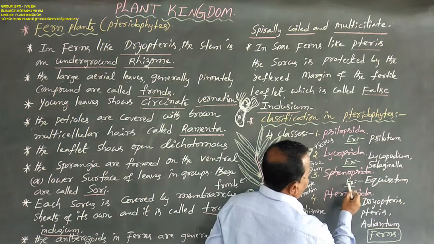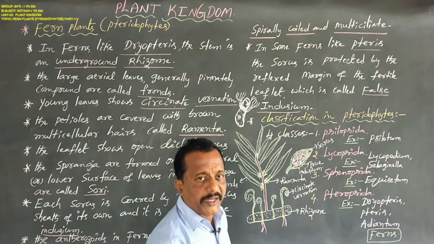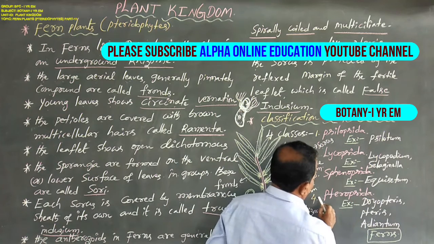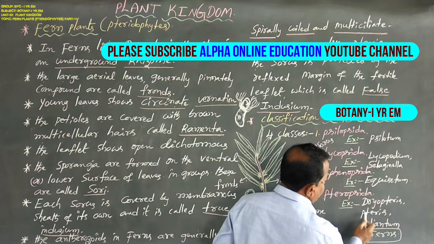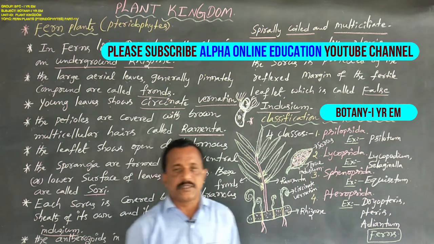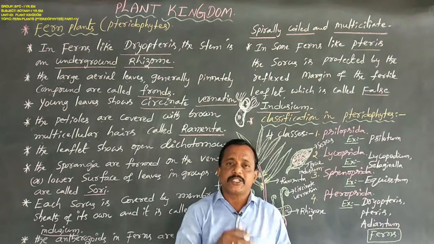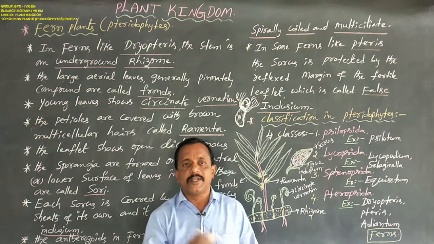Third, Sphenopsida has the example Equisetum, commonly known as horsetails. Fourth, Pteropsida has the examples Dryopteris, Pteris and Adiantum, commonly known as ferns. So this is about the characteristics of ferns and classification in pteridophytes. Okay, now thank you.